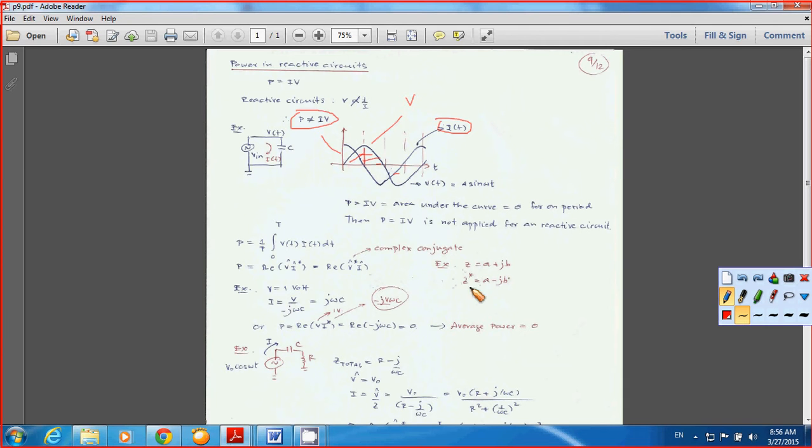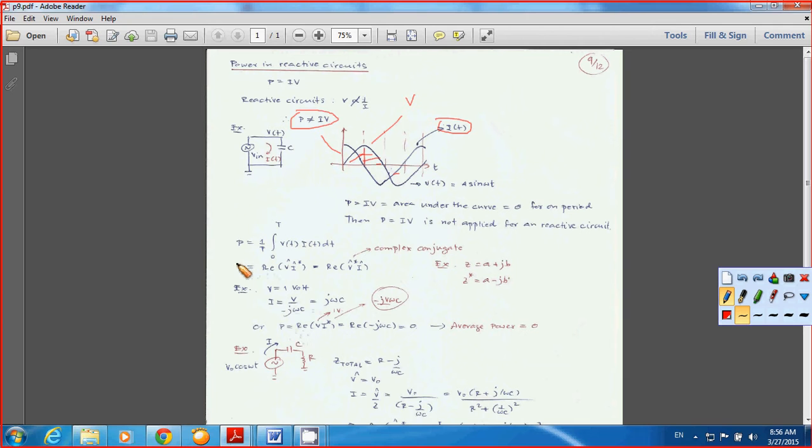Okay, and this one I mentioned about the complex conjugate. You simply change the sign to be opposite of whatever you have at the start. For example, you have the voltage to be 1 volt. Your current I equals V over negative j omega C. And then if you want to calculate the power here, you can see that's why it gives you 0.